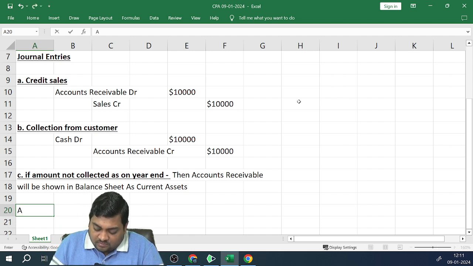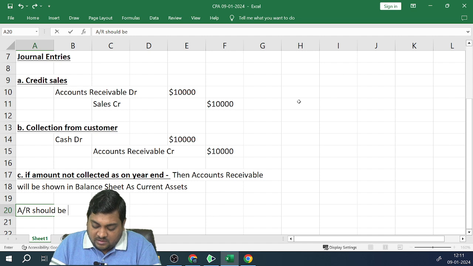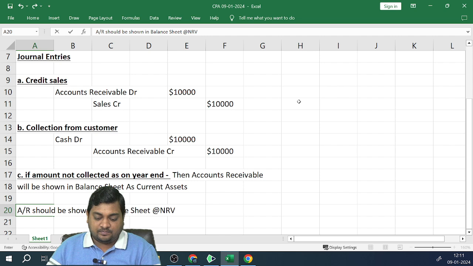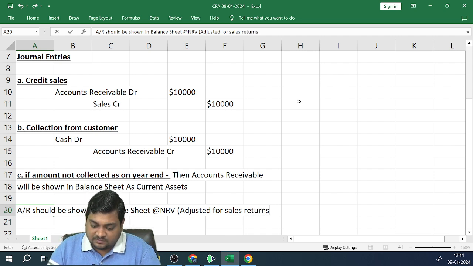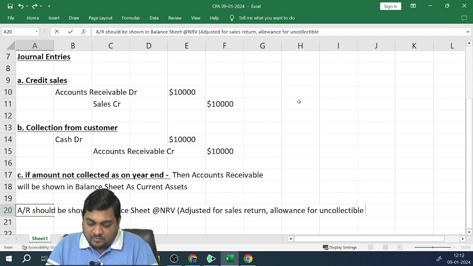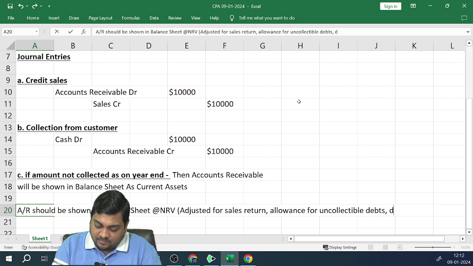So AR, when I talk about accounts receivable, AR should be shown in the balance sheet at the NRV, that is, adjusted for sales return, allowance for uncollectible debts, discounts, etc.